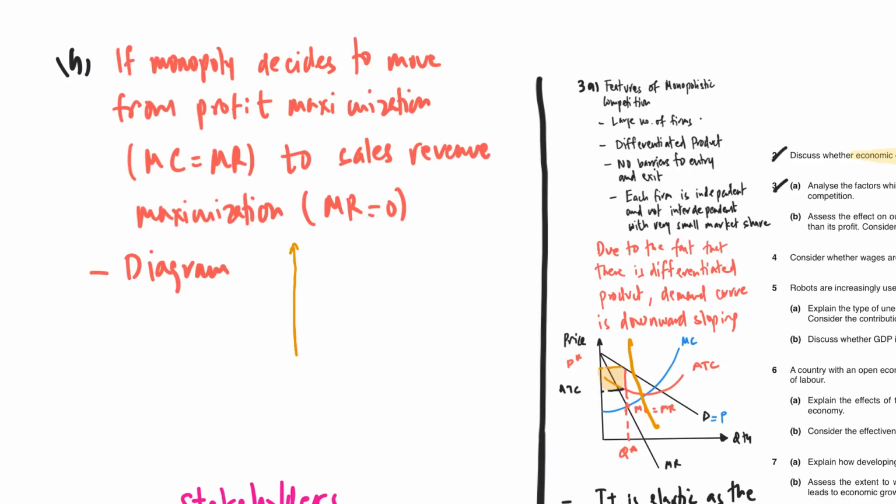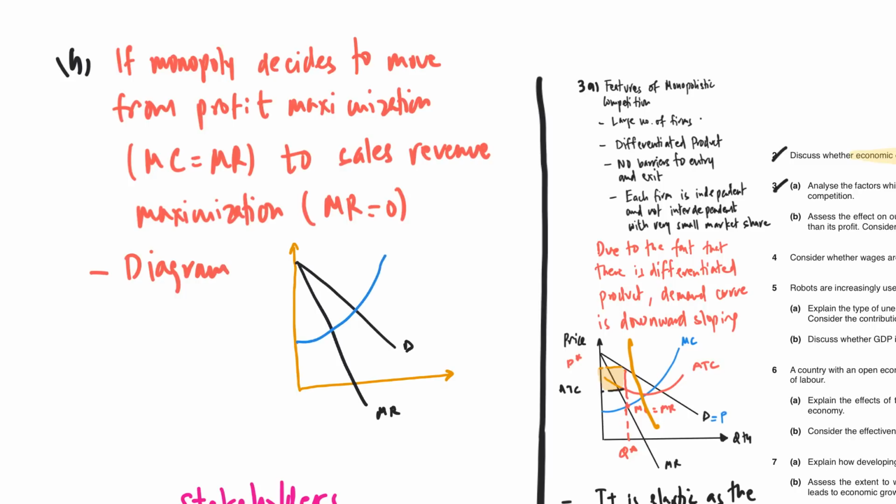So I'm going to make a demand curve that is downward sloping, with MR like this.